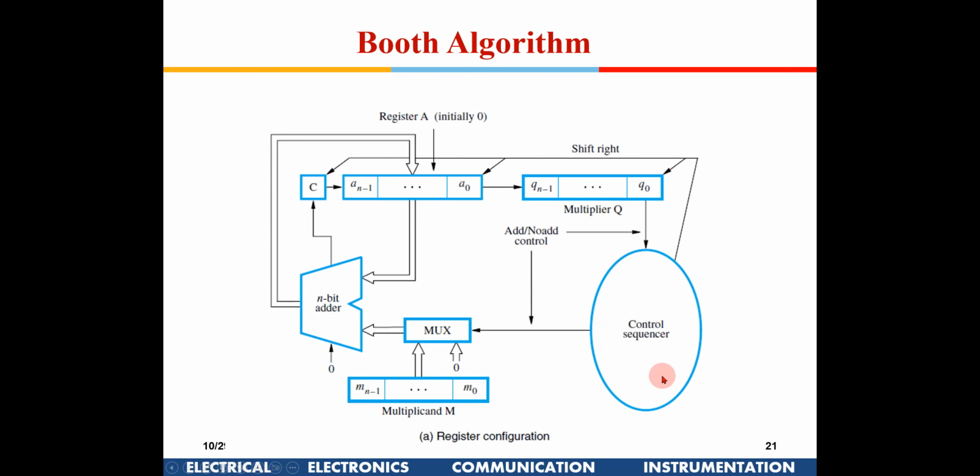Okay, so the advantage of this particular circuit is first of all, it requires very less hardware as compared to any multiplier. If you see here, this is just an n-bit adder. So if it is a 64-bit adder, just one 64-bit adder is good enough. And these are just registers.